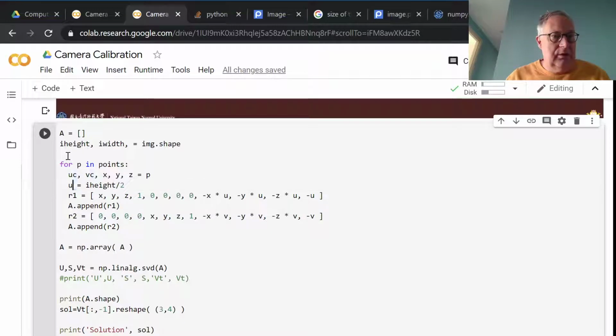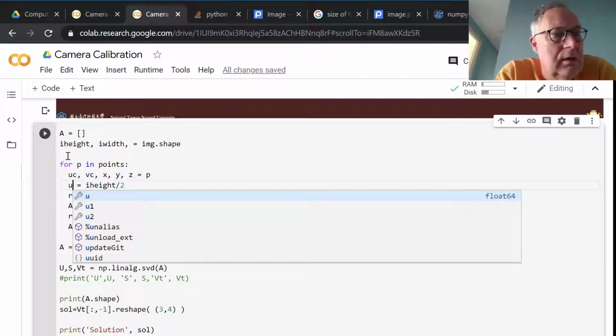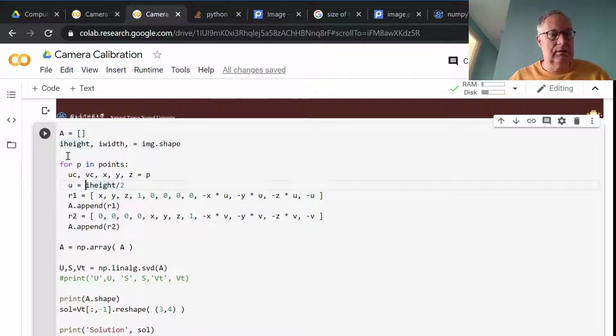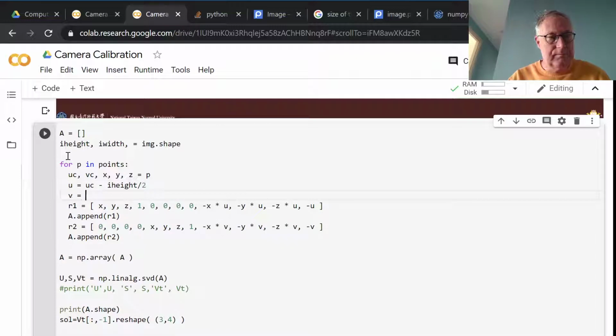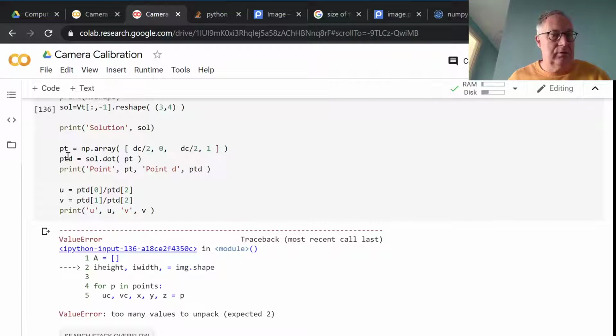So U is UC minus I height over 2. And V is I width minus 2.